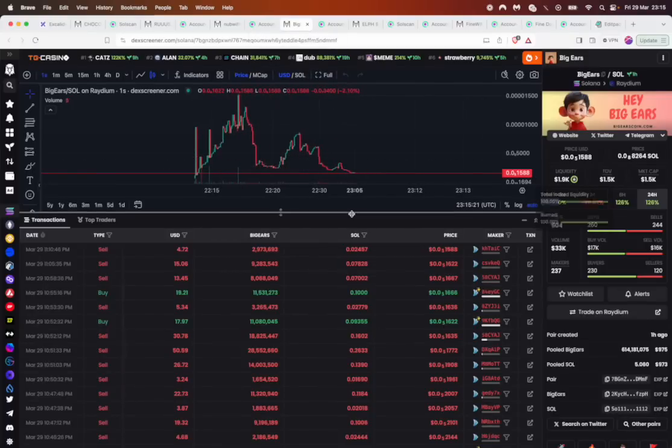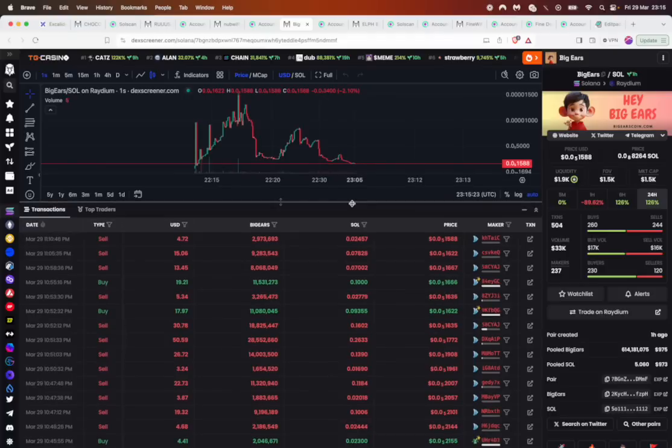So those are the top 3 hidden ways. I'll say those are the top 3 common ways, aside from just the plain rug. They will snipe the LP, distribute to many wallets, and then dump on your head. They will mint new tokens out of thin air and dump on your head. Or they will do a fake burn, or the burn is not sufficient, and dump on your head.